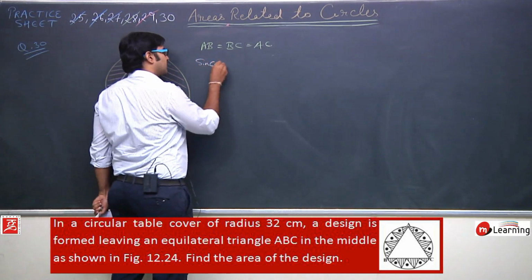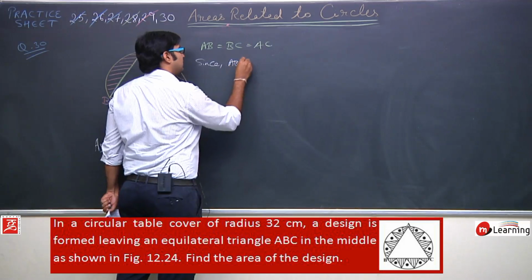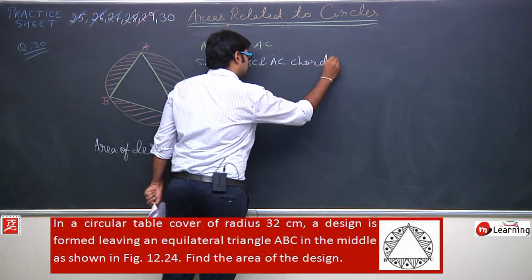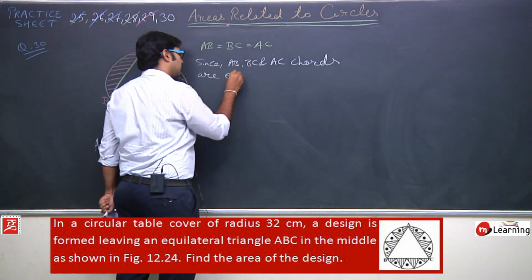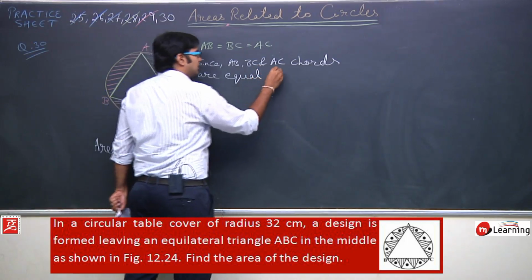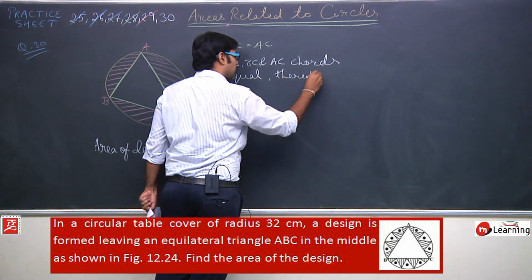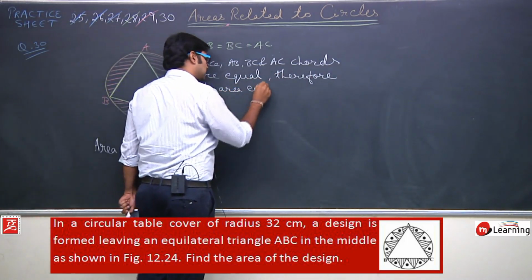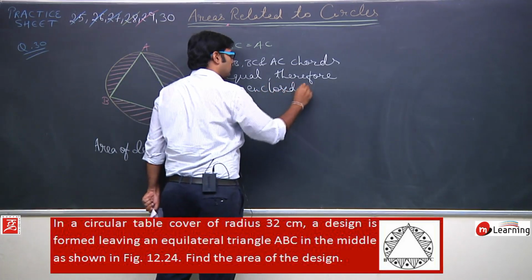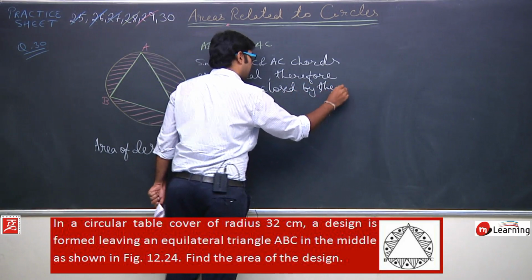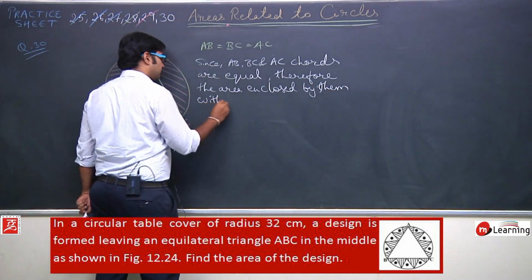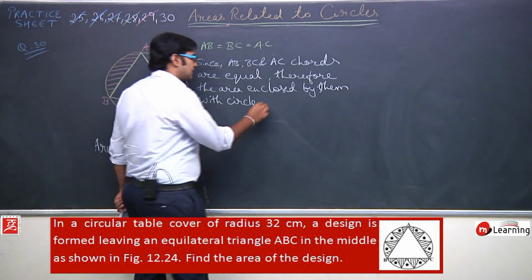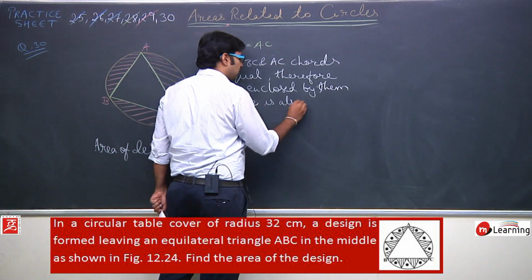since AB, BC and AC chords are equal, therefore the area enclosed by them with the circle is also equal.